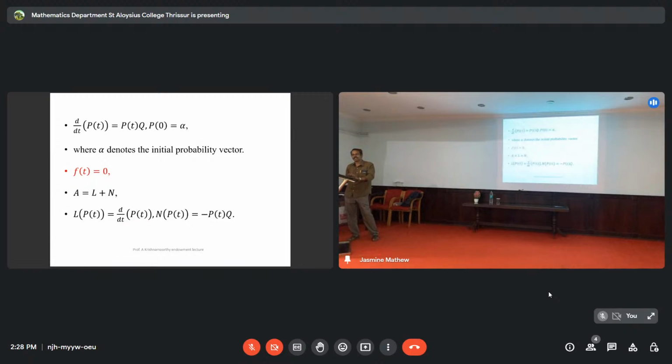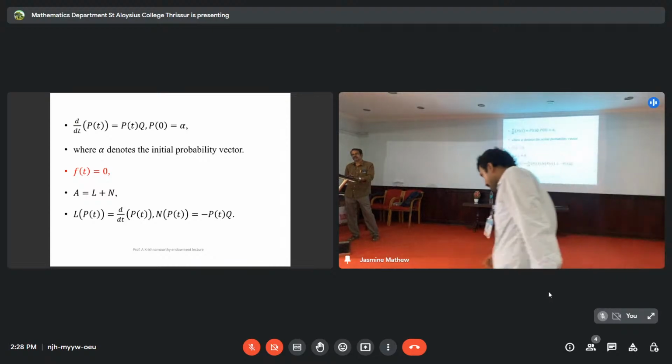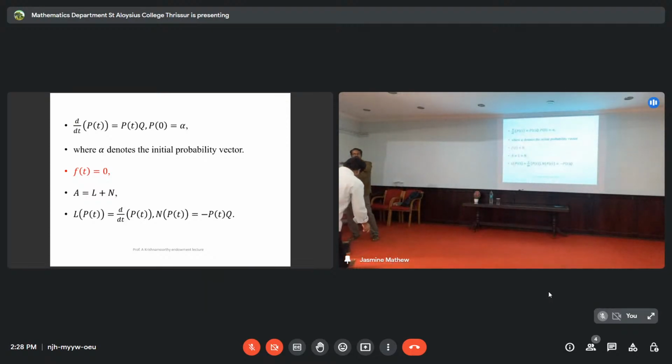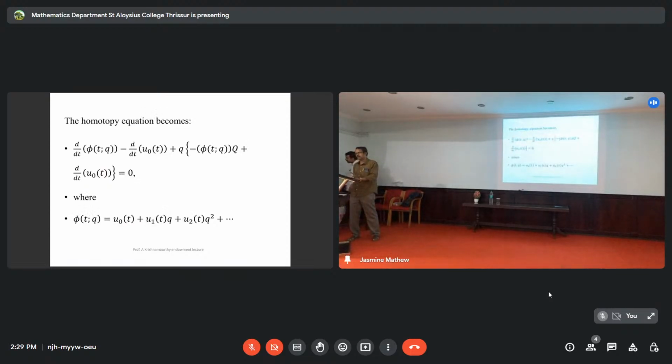So here we split the A into two parts, L plus N. Where L is the linear part, dp/dt of p(t), that has that definition, and the nonlinear part is defined as minus N of p(t) equal to minus p(t) multiplied by Q. So with that definition, we will transform the differential equation, the top one, into a homotopy equation which has this form.